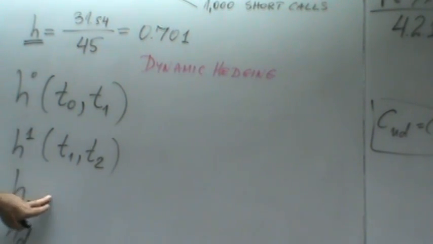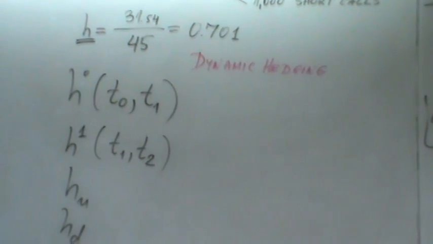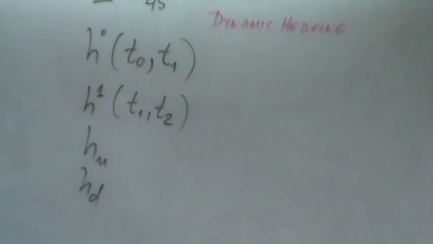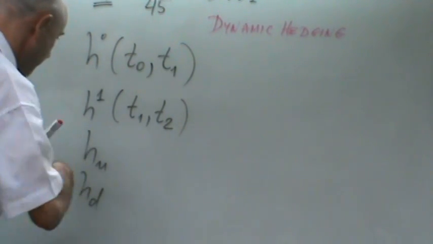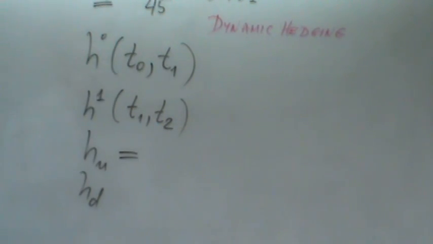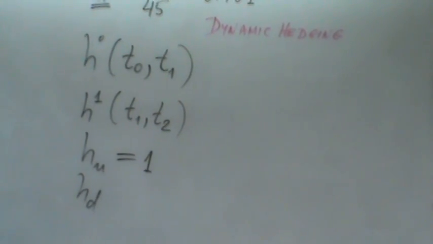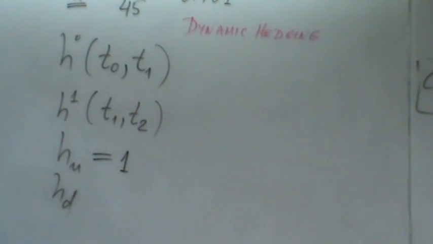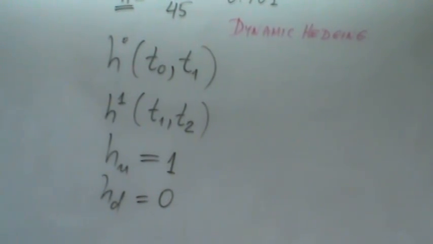Now let's take a look and see what's the HU and HT in the book. That's page 106 and 107. So for you it's going to be 110 and 111. And you see that HU becomes equal to 1, and the HD becomes equal to 0.